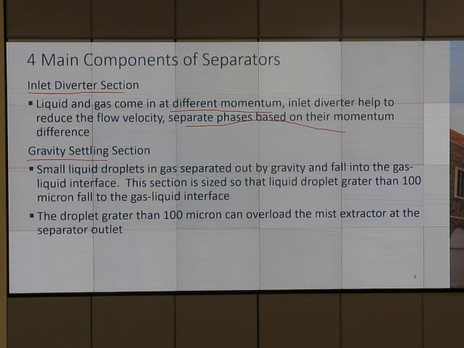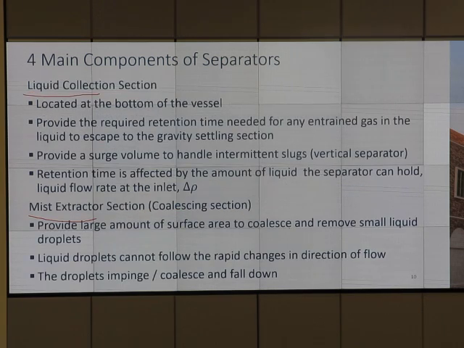So if we don't do that properly, the separator is too short, too thin, too high liquid level. Droplets greater than 100 micron can overload the mist extractor, and the mist extractor doesn't work as it should. The mist extractor should extract just the mist, not the big droplets, okay? Just 100 and below.